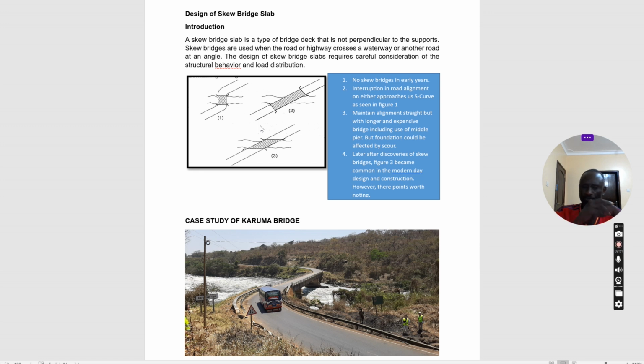So you can actually look at Karuma Dam, it's actually the same as figure 1. So in the 1960s when they were putting up this bridge, if the technology for handling skew bridges had already been there, then definitely the bridge would have been from this point to this point, or from this point coming somewhere here.